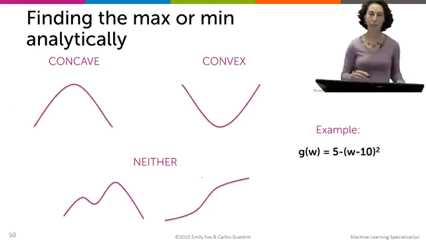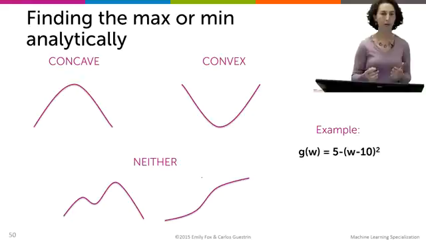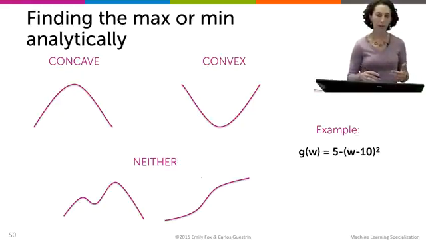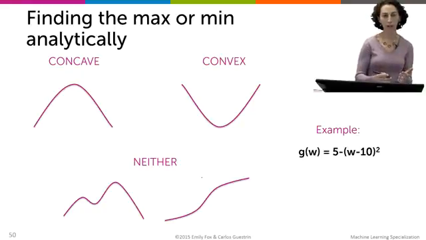Okay, so that's the notion of defining what a concave or convex function is, but we're looking at an optimization objective where our goal is to find either the minimum or the maximum of a function. So typically if we're looking at a concave function, our interest is in finding the maximum, and for convex, it's in finding the minimum.